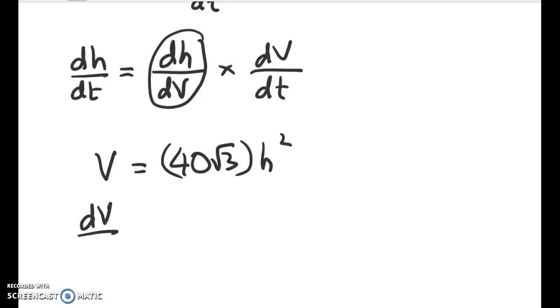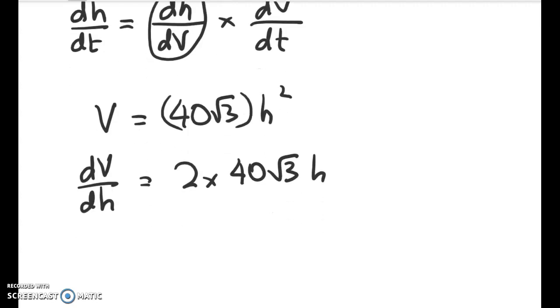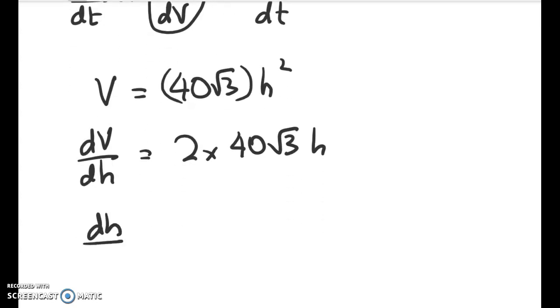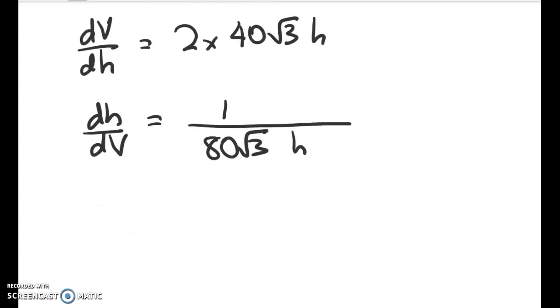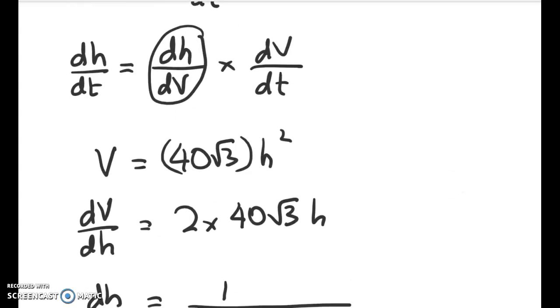So dv by dh is equal to 2 times 40 root 3 h. And that means that dh by dv is the reciprocal of that. So it's 1 over 80 root 3 h. So going back to here, we've got this now and we've got this.